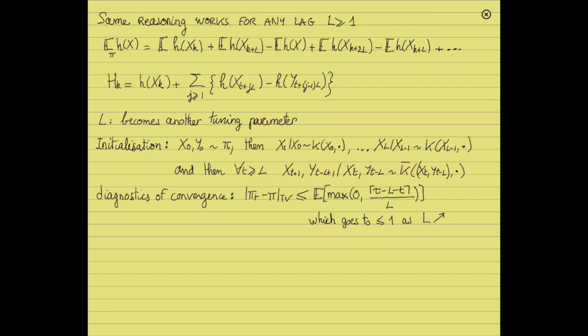And so it's a very clear way of seeing that increasing the lag provides sharper, more precise results. You can hear more or read more about the choice of lag, which still has a lot of open questions about it, in a paper by Niloy Biswas, myself, and Paul Vanetti, and also a comment by Paul Vanetti and Arnaud Doucet in a 2020 discussion paper.